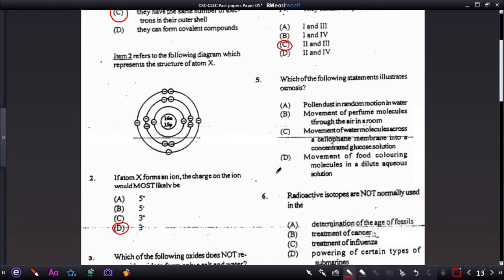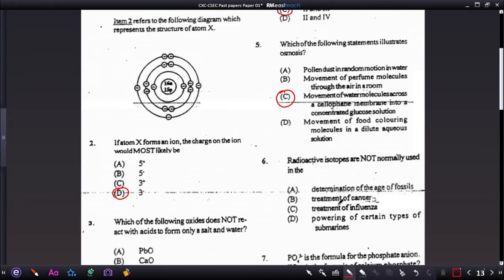C. Movement of water molecules across a cellophane membrane into a concentrated glucose solution. That would be osmosis. And so the answer would be C, because D is movement of food coloring molecules in a dilute aqueous solution, and that's just the scattering of the food dye into the solution.